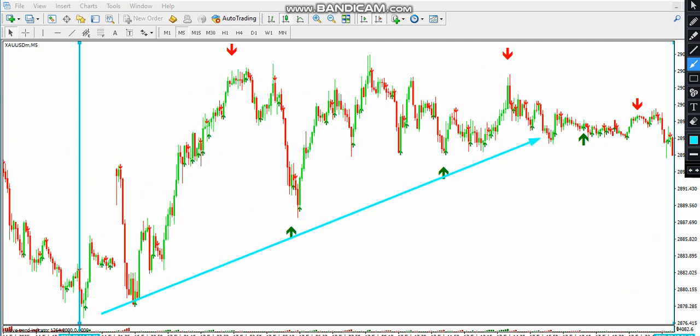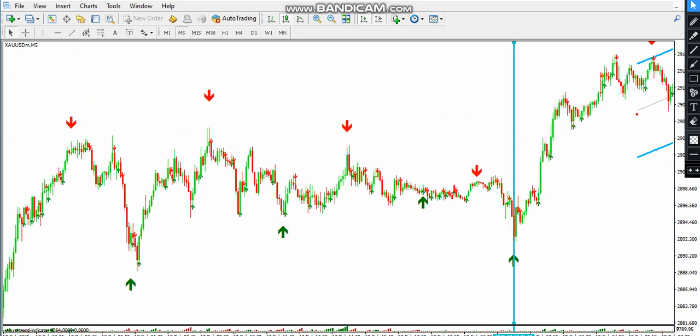So if we had been taking these buys, we would have been hitting our take profits. Even though this one delayed a little, this for me would have stopped me out at break even. But let's make do with what we have that is quite close to us.